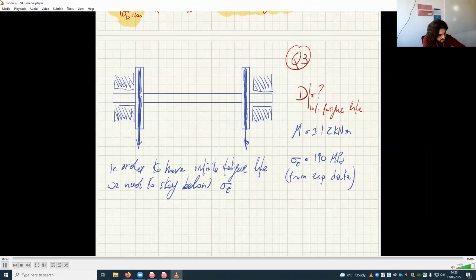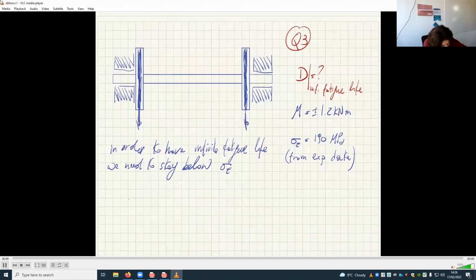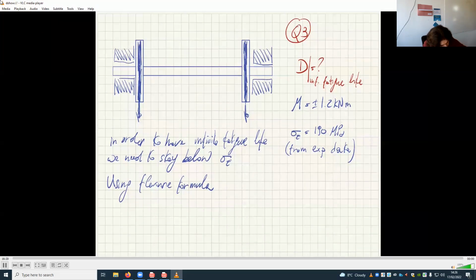And so that means that whatever stress we get at the most critical point, using the flexure formula, let's call this point P, and so let's call it sigma P. Whatever stress we get at point P is equal to M over I times y, and y in this case is the diameter divided by 2.